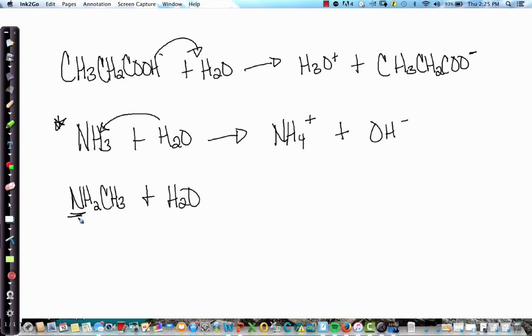So anytime that you have an amine group, the hydrogen typically gets added to the nitrogen. So let's do that. Let's remove a hydrogen and add it to the nitrogen. So it should be NH3. I'm going to have 3 hydrogens bonded to that nitrogen now. CH3, and I'm adding an H+, so it becomes positive. And I'm removing the hydrogen from the water to make hydroxide.